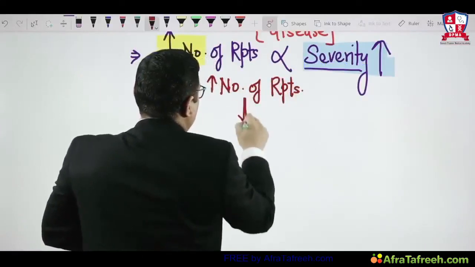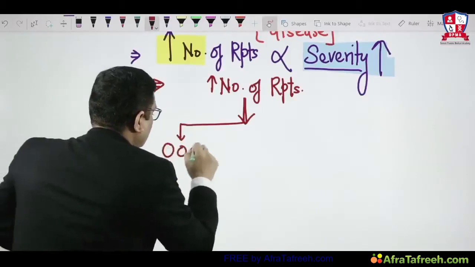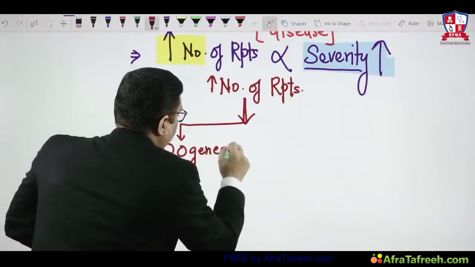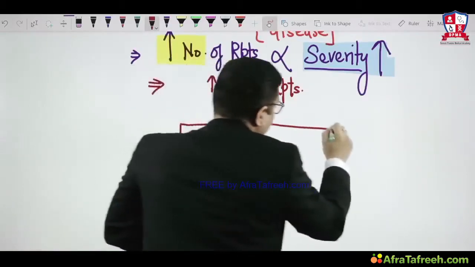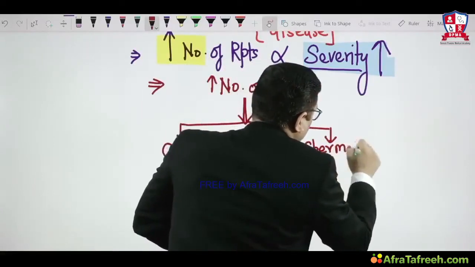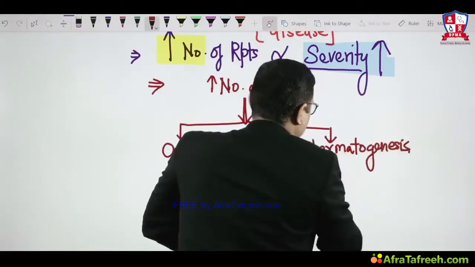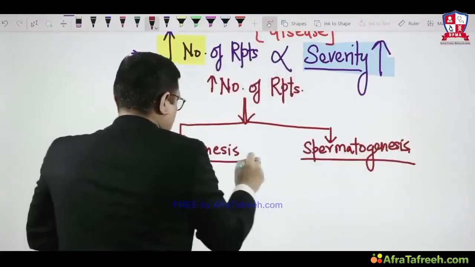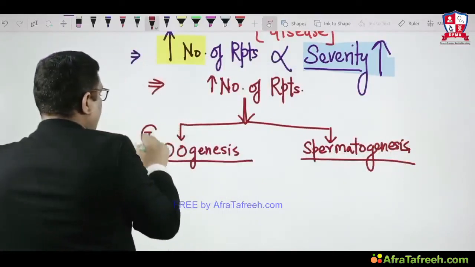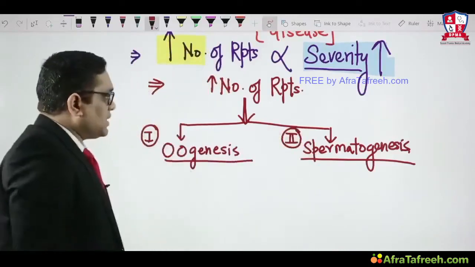The number of repeats will be increased during oogenesis also, and this will be increased during spermatogenesis also. So in both conditions the number of repeats will be increased.